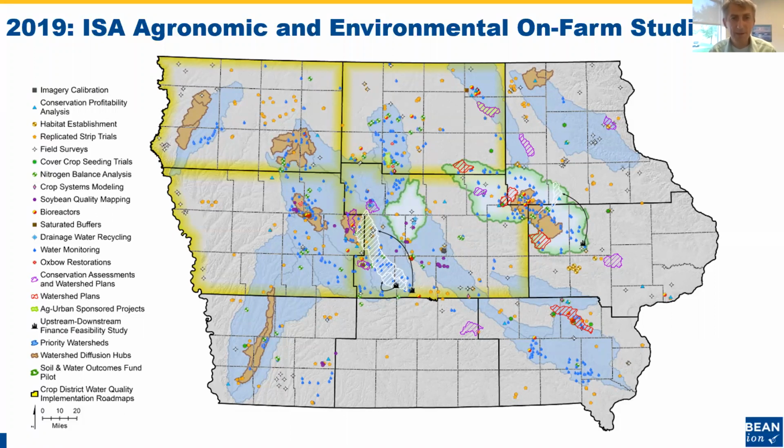This is the map of different studies and trials we conduct with farmers across the state from 2018. Most of them include some data collection, and my analytics group is working with this data. Today I'll focus only on the imagery part.